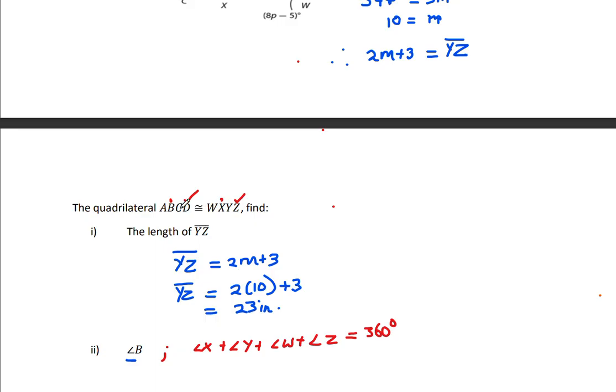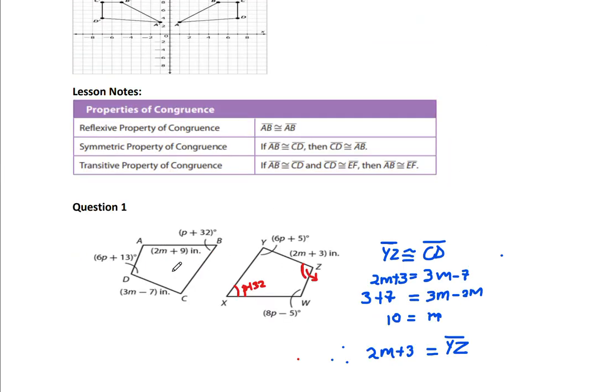So angle Z would be equal to angle D, which is given to us as 6P plus 13. So I now have an expression for all four angles in this quadrilateral on the right: X, Y, Z, and W.